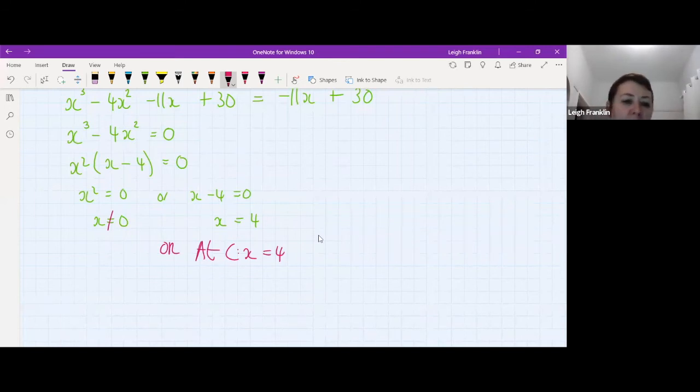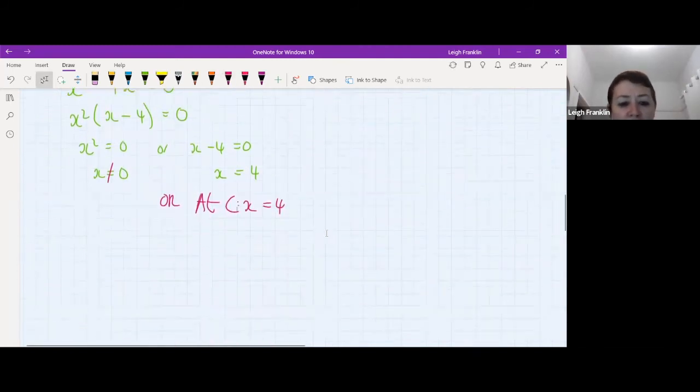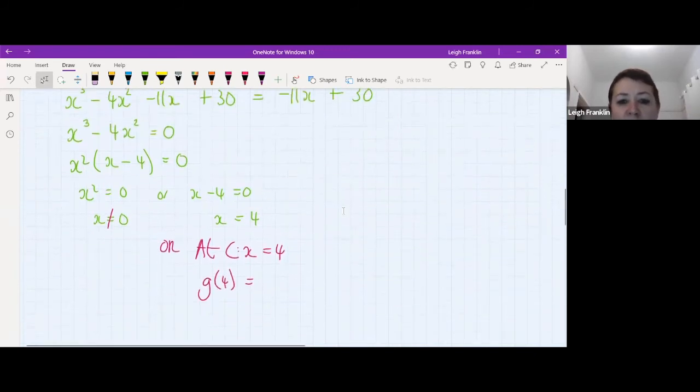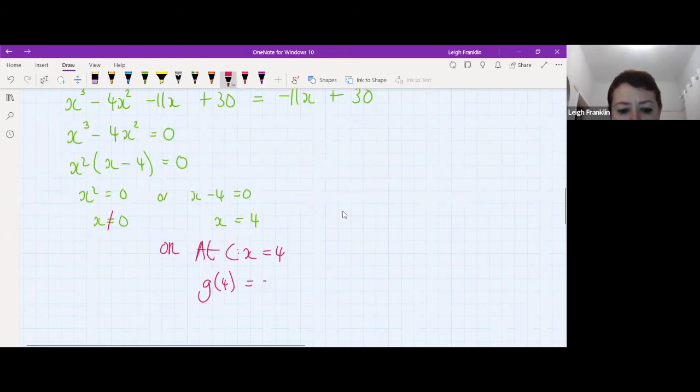Either you can sub it into the cubic, or you can sub it into the straight line. Make your life easy, sub it into the straight line. So essentially, remember our straight line is the line g of x. So we are calculating g of 4, because we want to make our lives easy and less complicated.